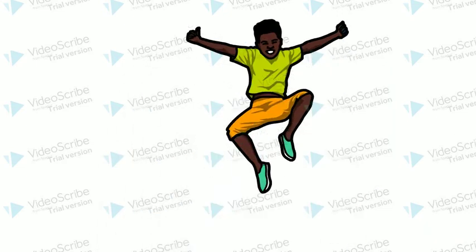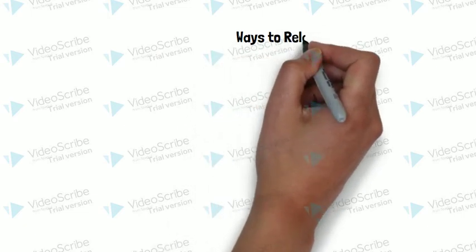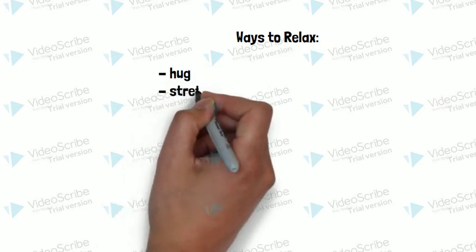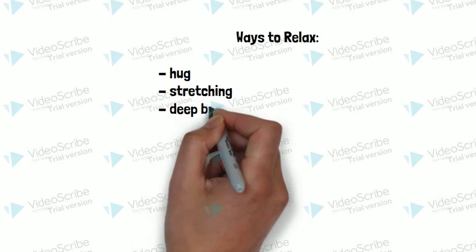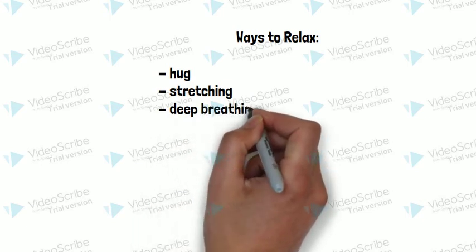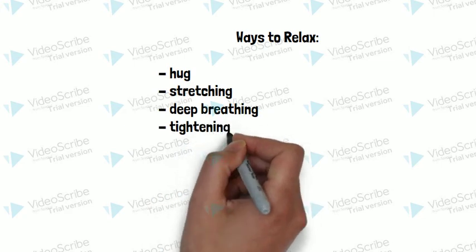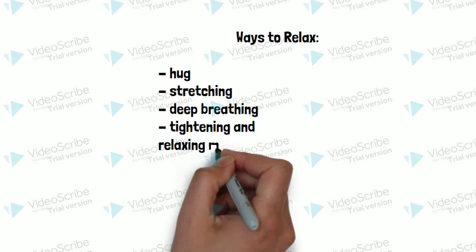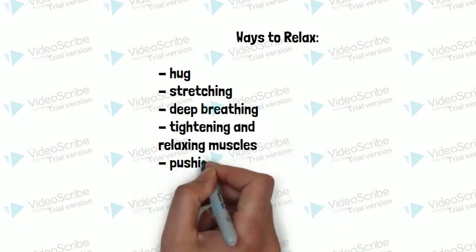There are many ways to help children relax, such as asking someone for a hug, pushing clouds away, which is a form of stretching, deep breathing as if blowing up a balloon, or using a straw and blowing out candles, going tight with your muscles and then making them go loose, pushing the wall and then relaxing.